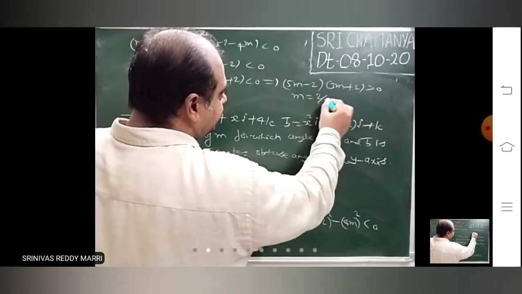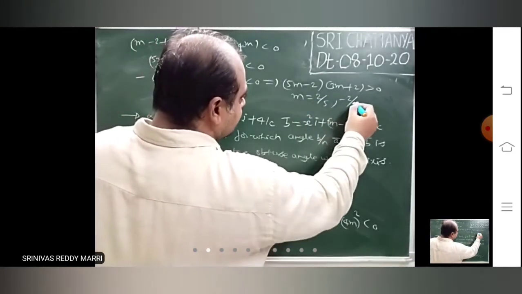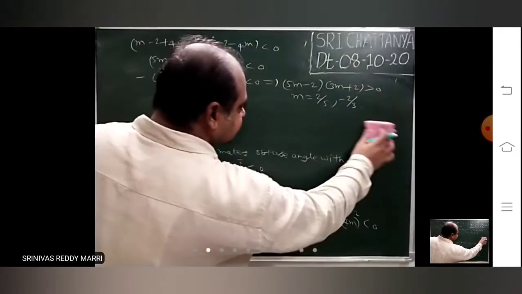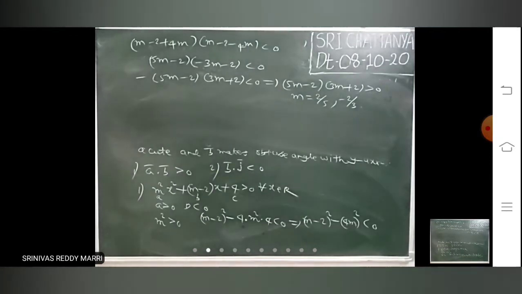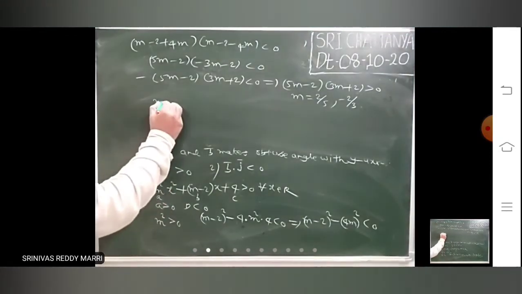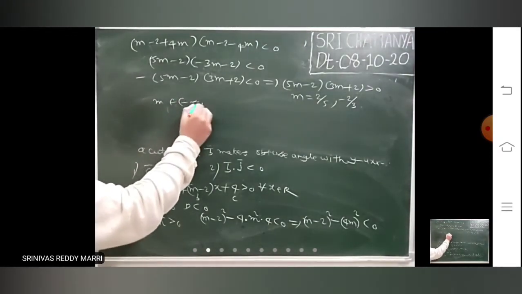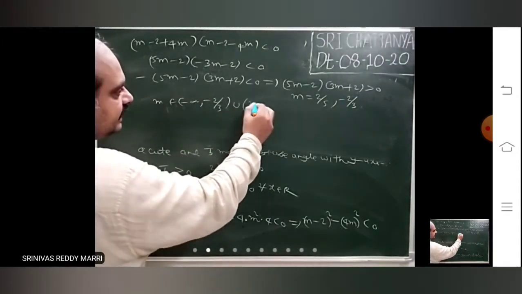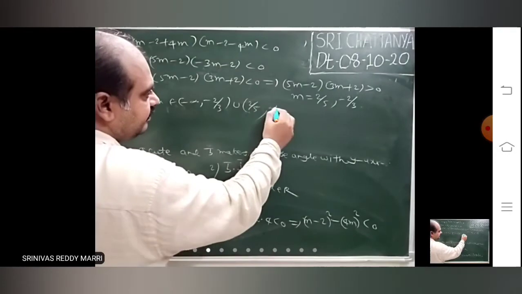M equal to 2 by 5, comma, minus 2 by 3. So what is the inequality? (x minus alpha) into (x minus beta) greater than 0 means m belongs to minus infinity comma alpha, the smallest one, union 2 by 5 comma infinity.